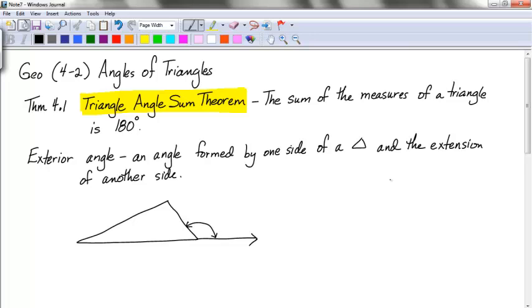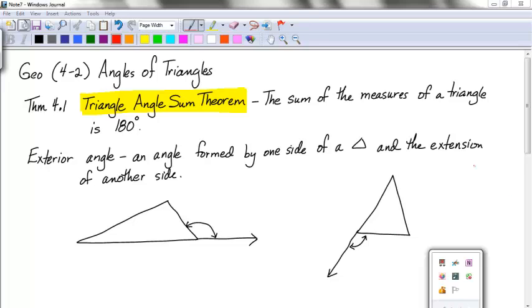If I have a triangle that looks like this and I extend one of the sides, this would be considered an exterior angle, and the ones inside would be interior angles. That's their definition of an exterior angle.